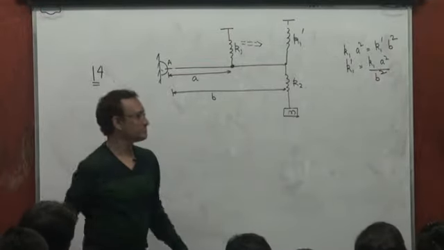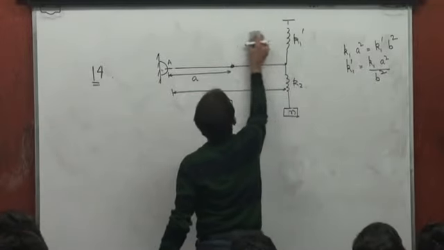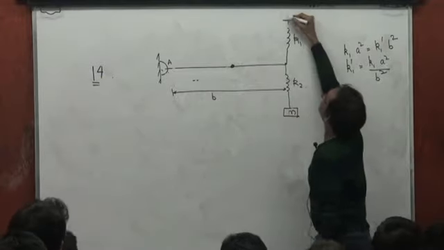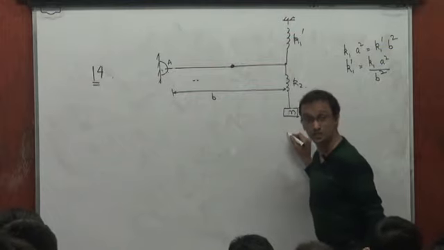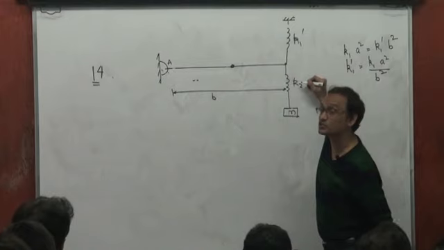That's the revised system. And now once you have this, get rid of this, and then this K1 prime and K2 are in series. There is a vertical oscillation associated with this mass, and the equivalent K would be K1 prime in series with K2.